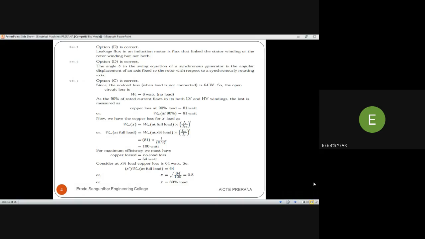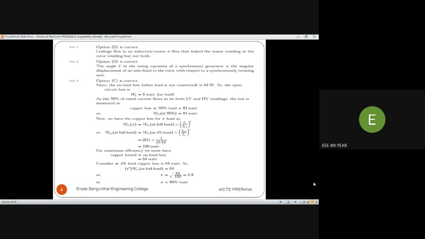For maximum efficiency, we know that copper losses equal the no load losses, that is 64 watts. Then the question is, what is the percentage of rated current? So we have to find the rating of the transformer. The formula is x squared, where x is the unknown, into the copper losses at full load, equal to 64. That is, x equals the square root of 64 divided by 100.